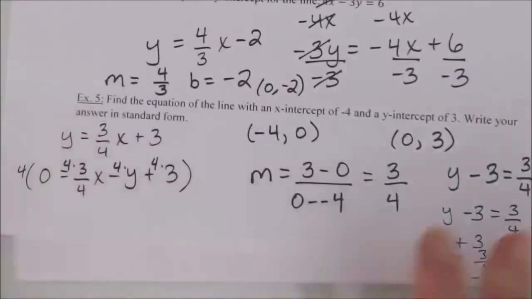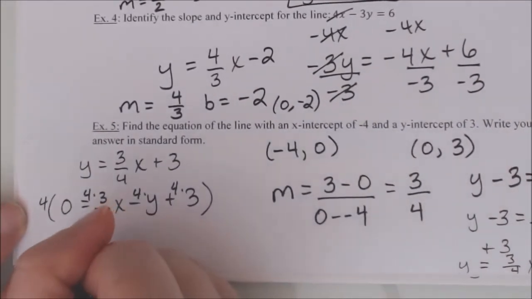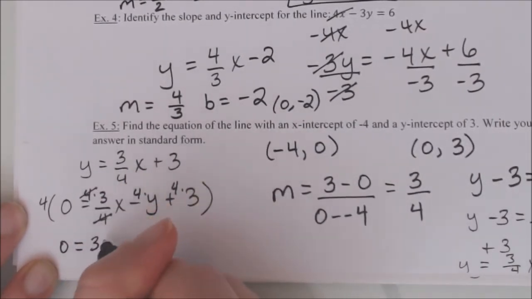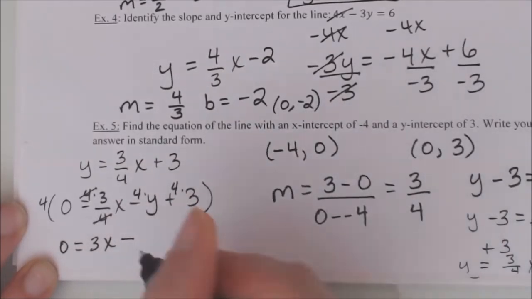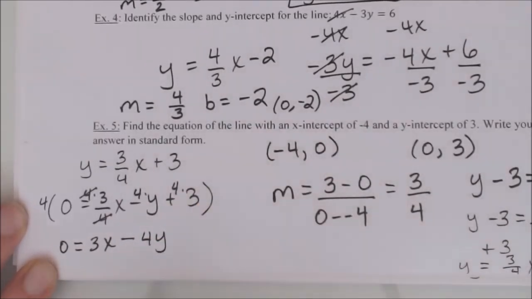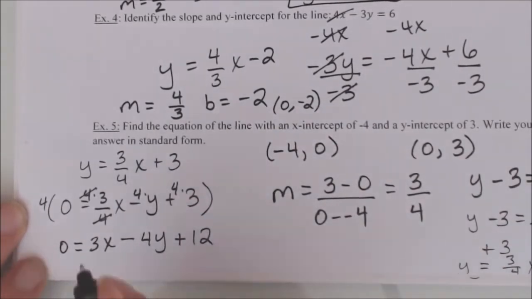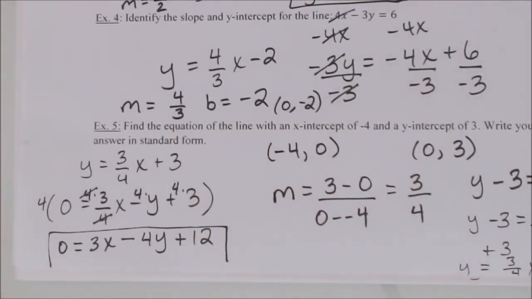I probably didn't need those parentheses. I like to write the 4 in front of all the terms. So 4 times 0, of course, is 0. The 4 and the 4 cancel with the x, so that's 3x. Minus 4 times y would be 4y, and then 4 times 3 would be positive 12. And there's my equation in standard form.